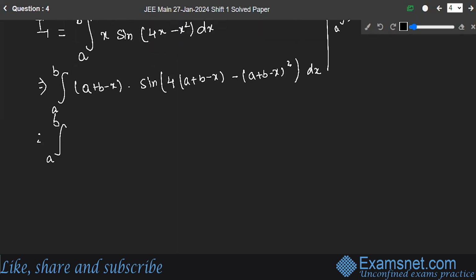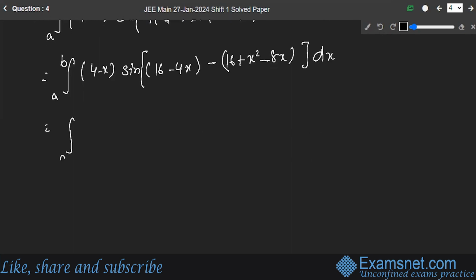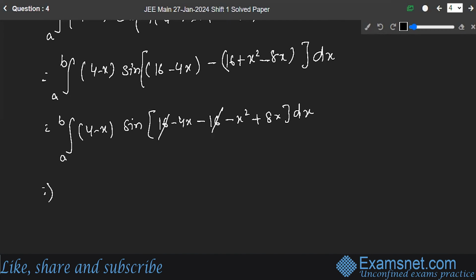You have the integral of (4 minus x) sine(16 minus 4x minus (16 plus x square minus 8x)) dx. 16 will cancel, and this is (4 minus x) sine(4x minus x square) dx. That was equal to your I1.